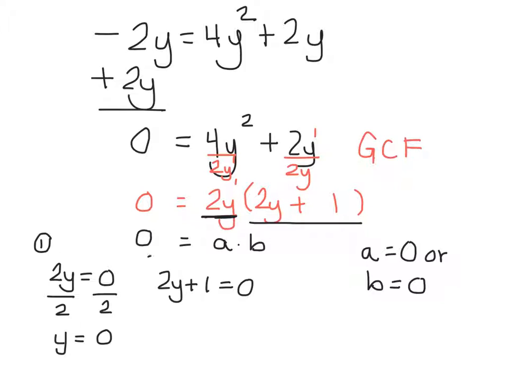To solve equation 2, I notice that y is multiplied by 2 and 1 is added to it. So I've learned in previous algebra courses that I undo the addition first by subtracting, and I get 2y is equal to negative 1.